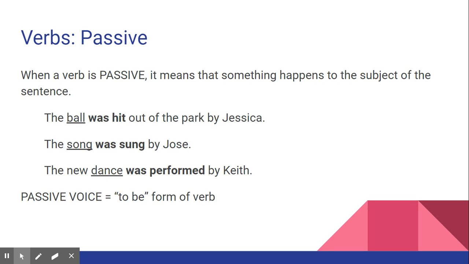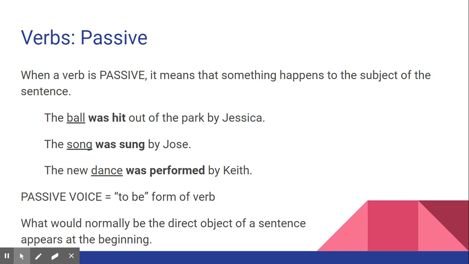Passive voice uses to be form of verbs. What would normally be the direct object of the sentence now appears at the beginning. Your to be form of verbs are, for example, words like am, is, was, were, be, been, and so forth.